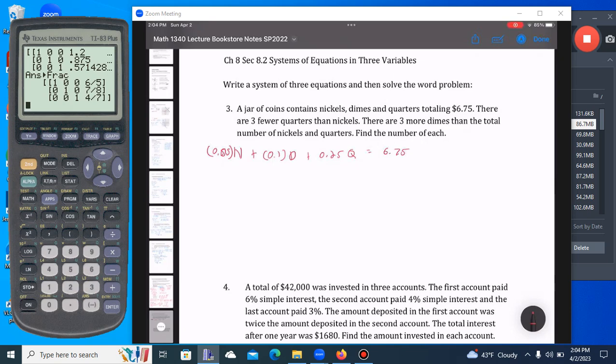There are 3 fewer quarters than nickels, so the number of nickels equals the number of quarters plus 3. There are 3 more dimes than the total number of nickels and quarters. So quarters plus nickels plus 3 is equal to the number of dimes.